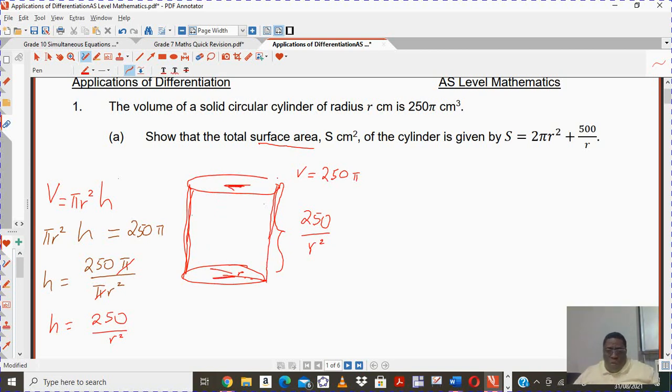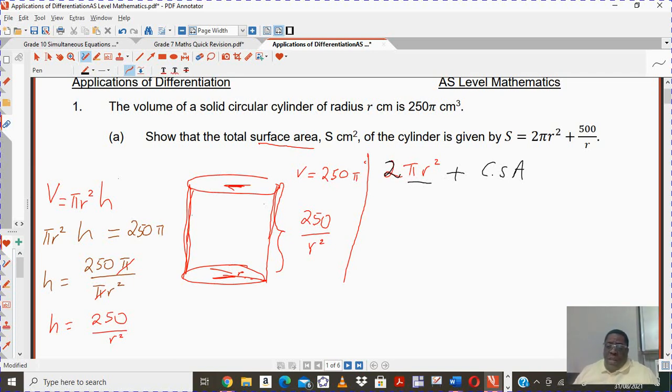So those two circles, remember I'm busy with the radius, so this is going to be 2 times pi r squared. The 2 is the two circles that are closed, top and bottom. The pi r squared is the formula for the area of a circle.